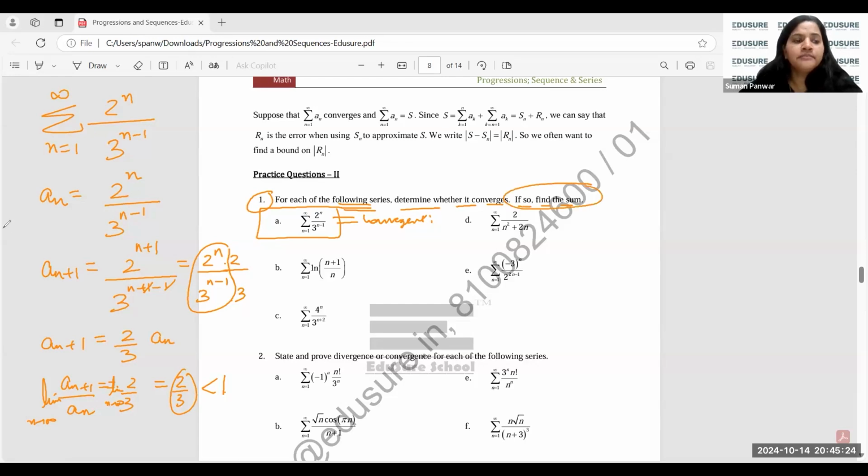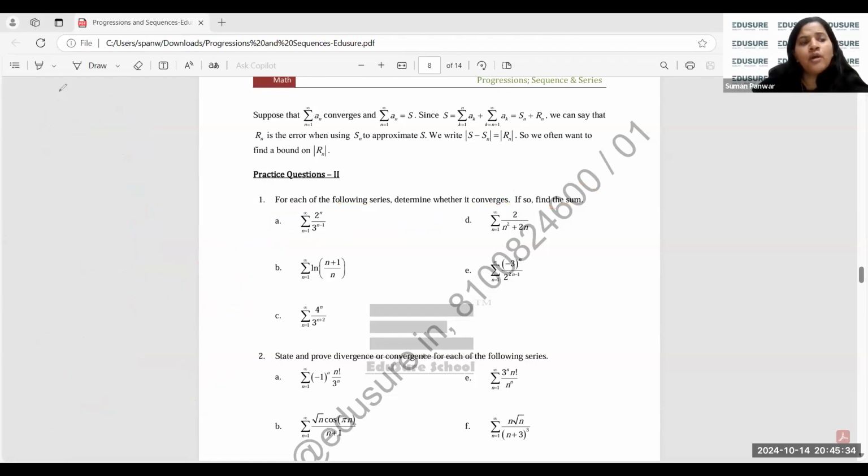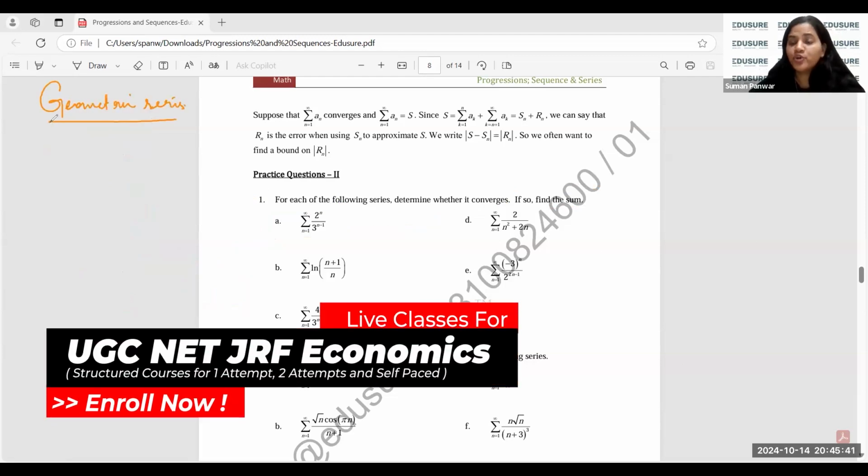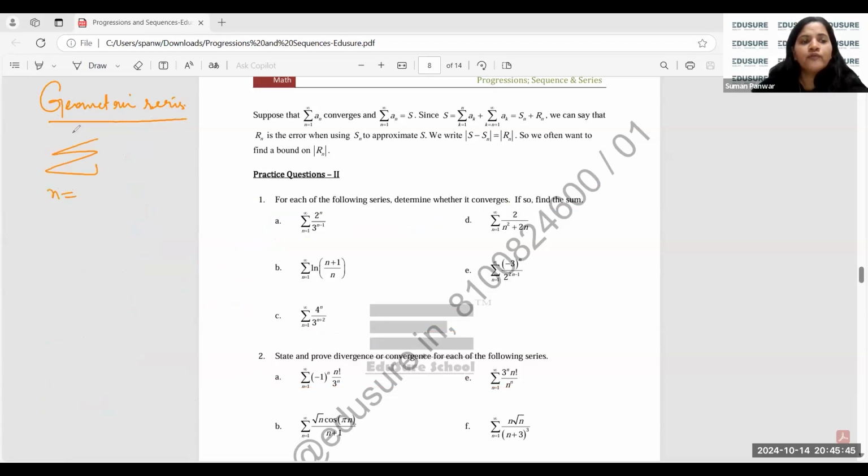Now, to find out the sum, we have to come to a very nice result. We all know about geometric series. From now onwards, you should try to observe what a geometric series is. A geometric series takes this form: sum n going from 1 to infinity of a r to the power n.